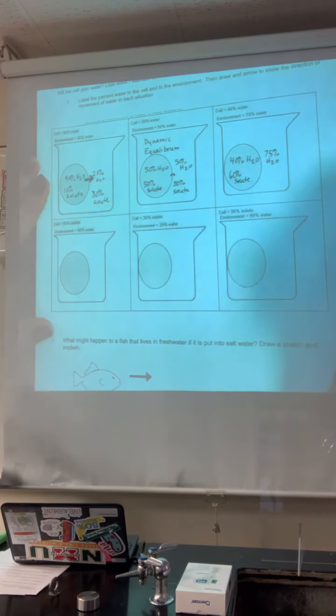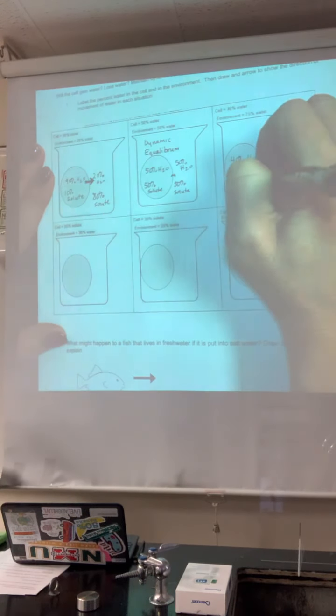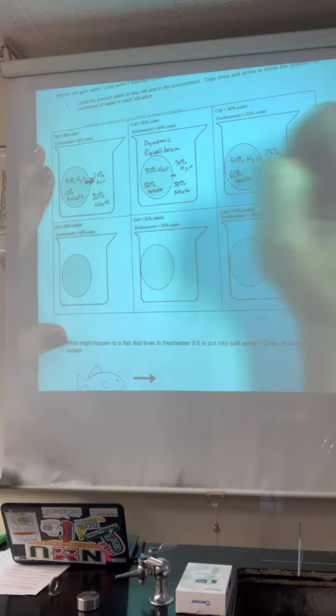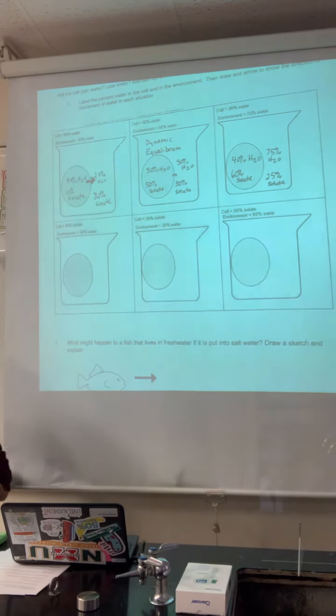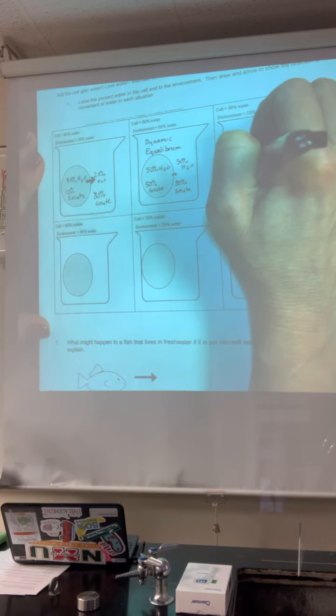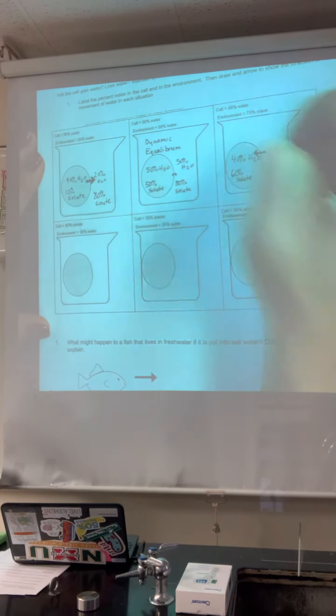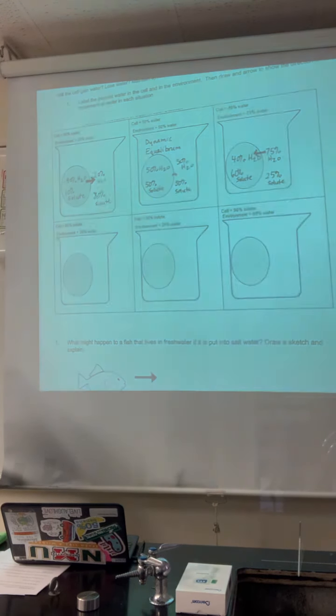And on the outside of the cell, how much solute would we have? 55. Net movement of the water into or out of the cell. Yell out your guess. It's okay if you're wrong. Into. Let's make a nice big arrow and move it into the cell. There should be a little box for you to add an arrow on that digital document.